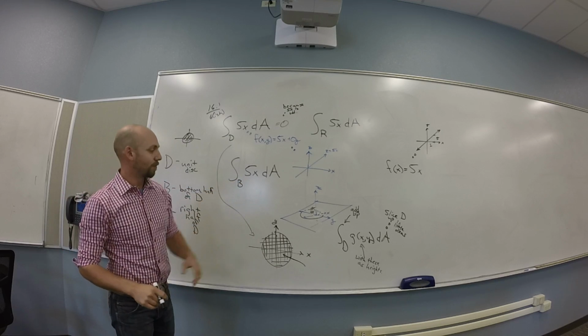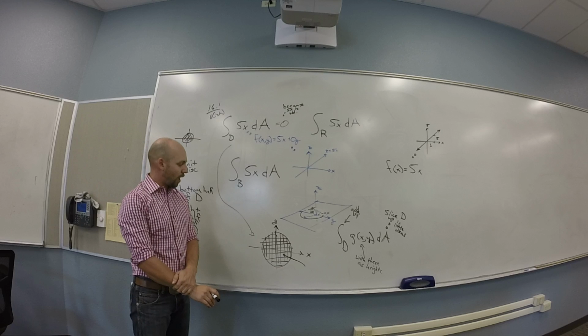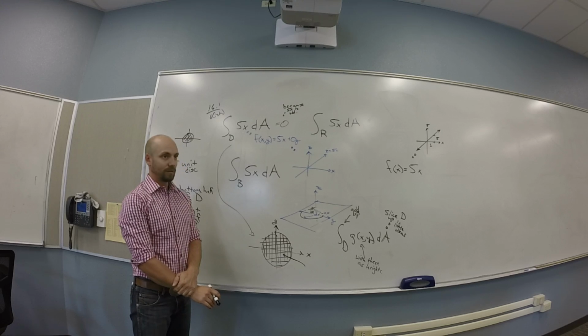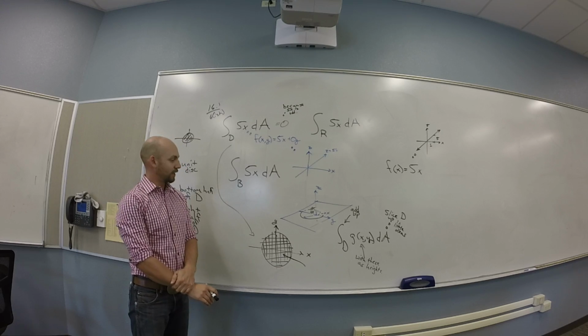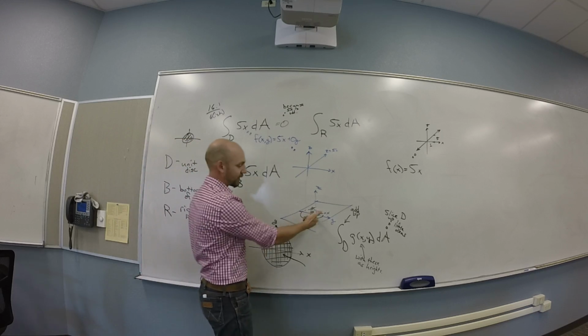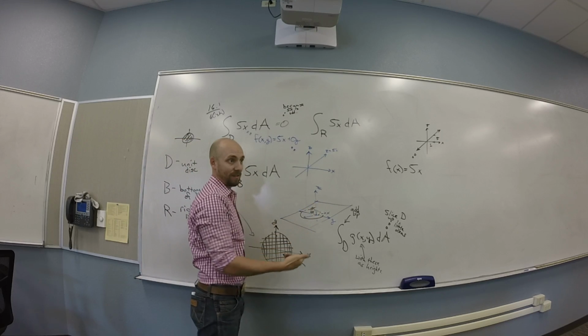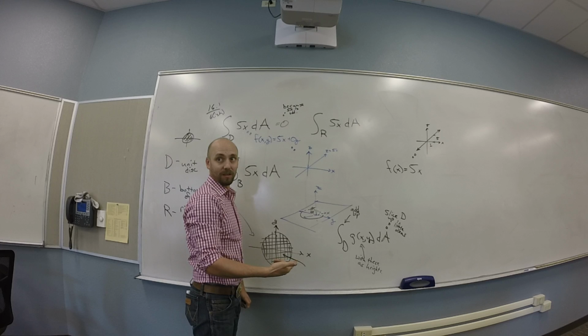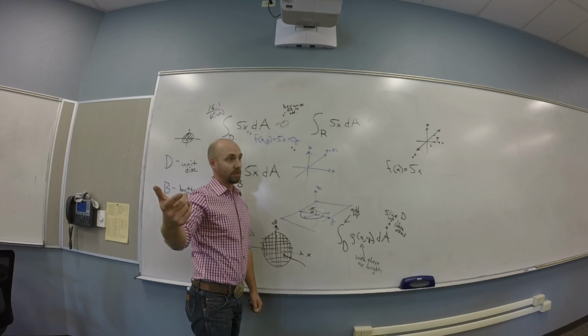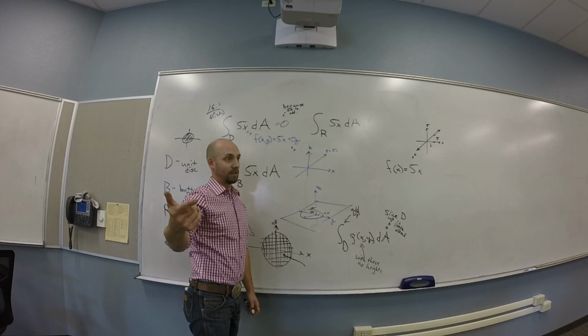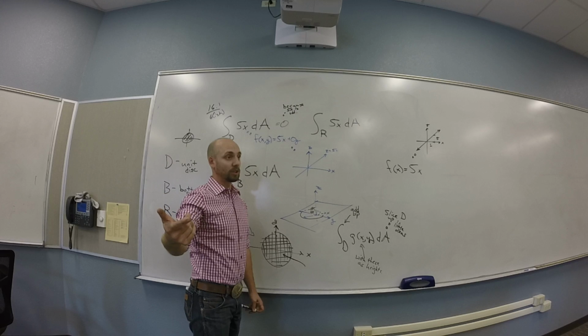Okay, now how about the bottom? If I integrate this over the bottom half, that's where y is negative. In this picture, that's the back half. What's that going to be? Exact same, because there's no change in x. The difference in y's is being taken out. We haven't really changed this picture at all.